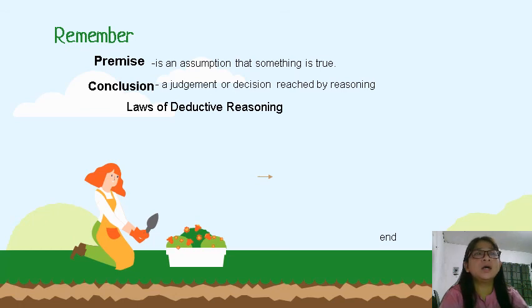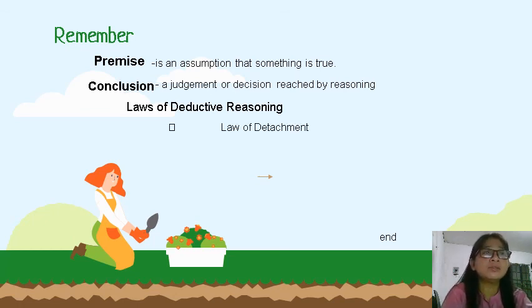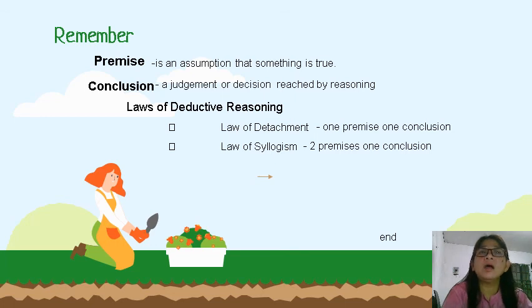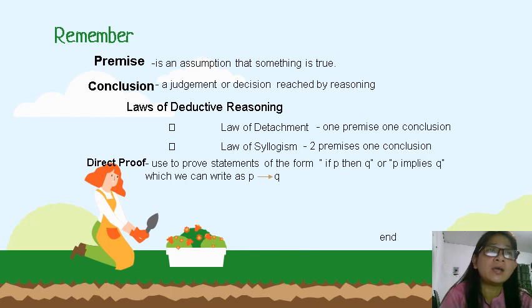And then we have the laws of deductive reasoning, we have the law of detachment, which is one premise with one conclusion, and then we have the law of syllogism, two premise and a conclusion. And then we also learned about the direct proof, used to prove statements of the form if P then Q or P implies Q, which we can write in this symbol, P with an arrow Q.